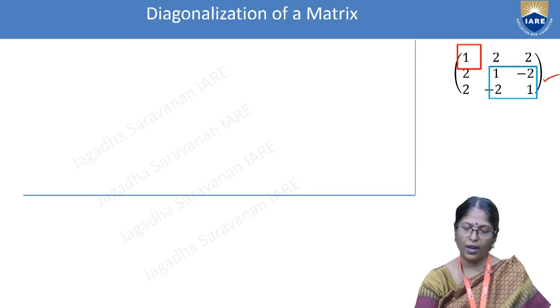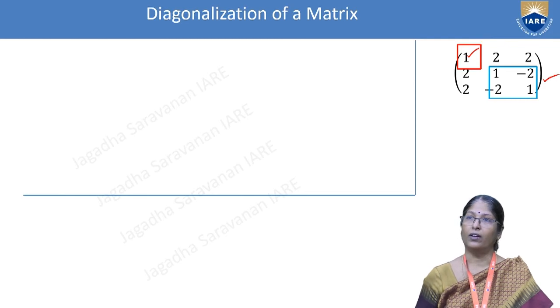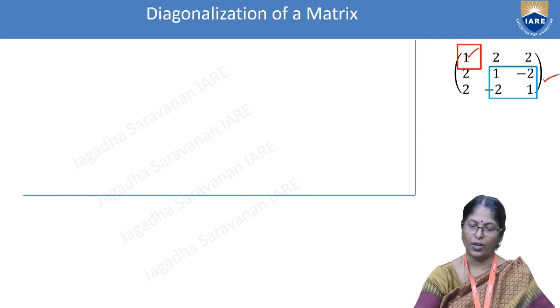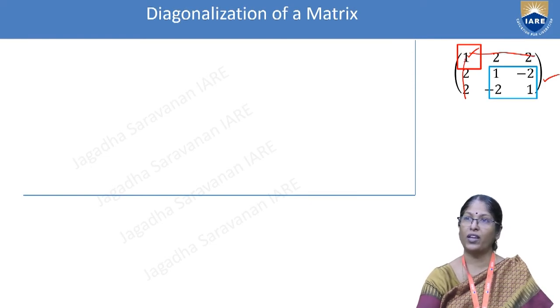Now first I am taking this, the red color rectangle. For this we neglect the complete row and column, and the balance we do the cross multiplication. Whichever position we take, the corresponding row and column are neglected. The balance is cross multiplied. That we have to keep in our mind.